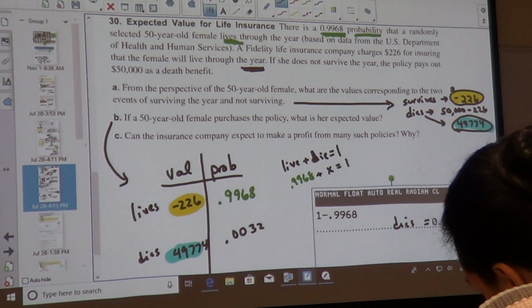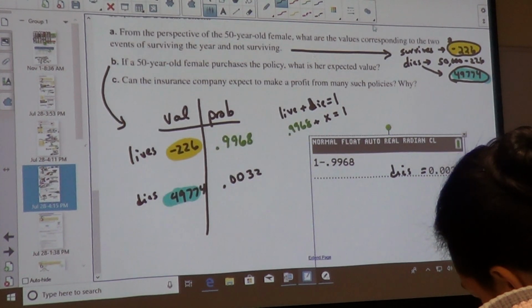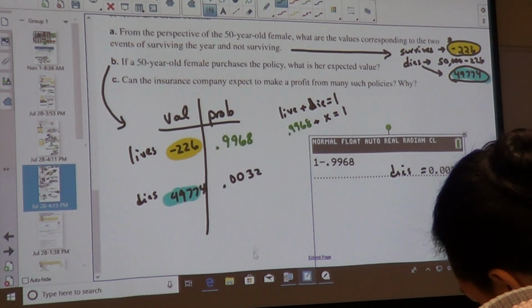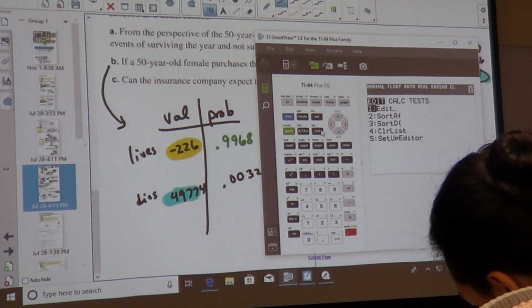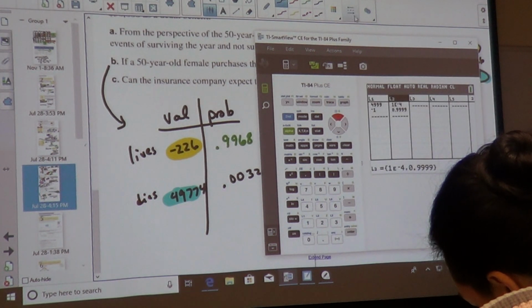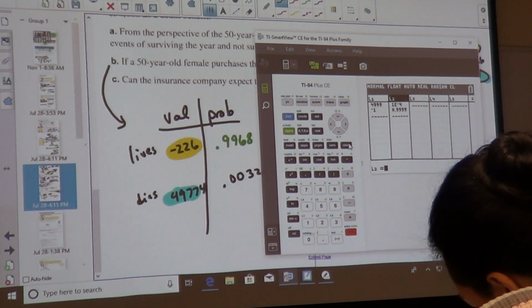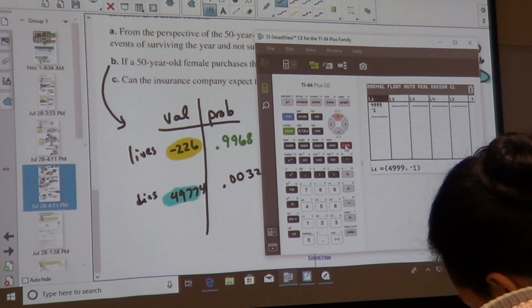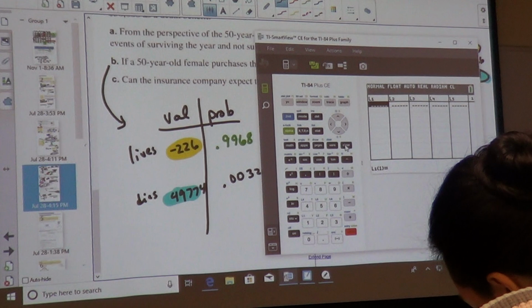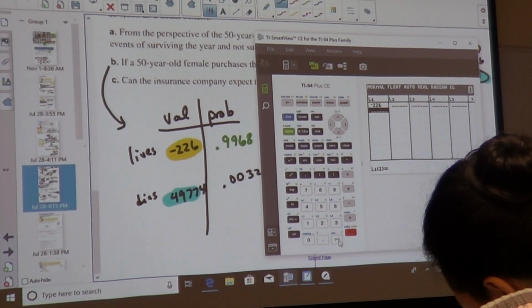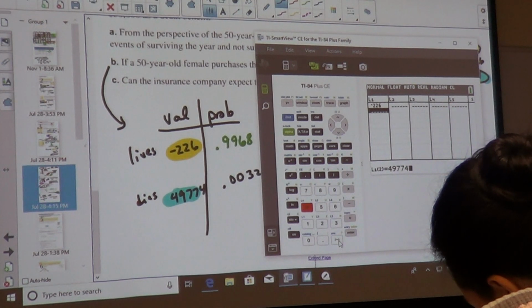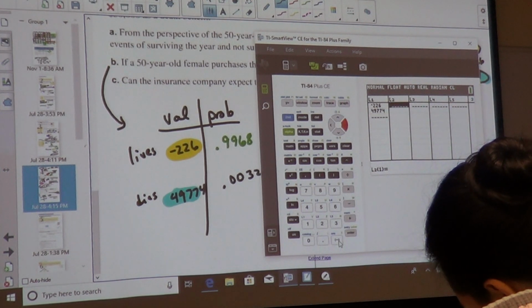Okay? So now I am ready to go to my table because it says what is the expected value. So I come over here and I do stat edit. I go to the top, clear enter, go to the top, clear enter. So my first one is going to be negative 226. The next one is going to be 49,774. The probability that she lives is 0.9968.